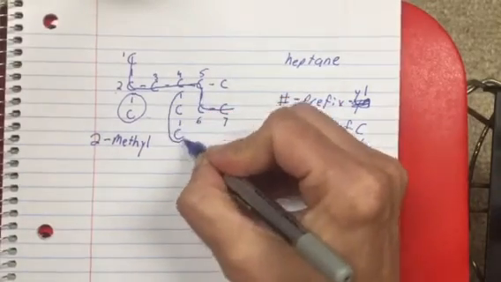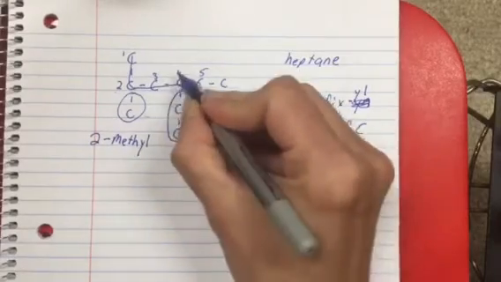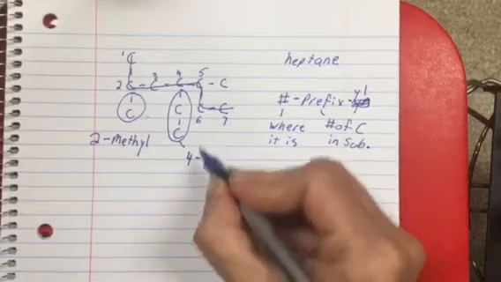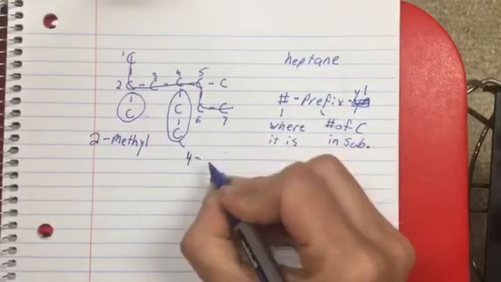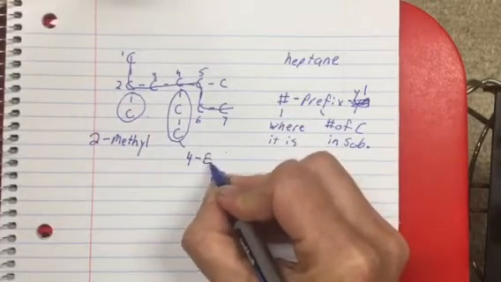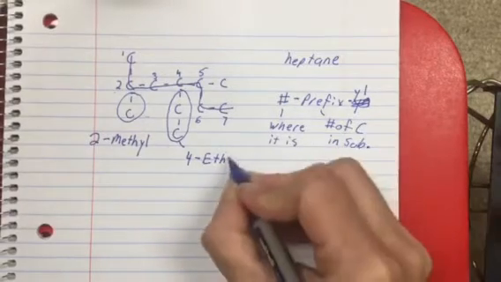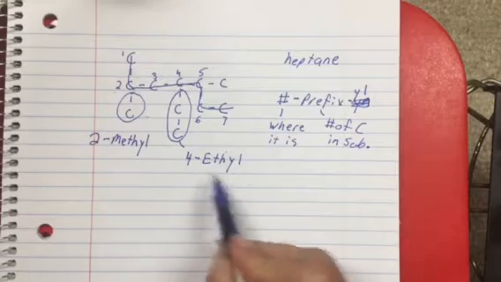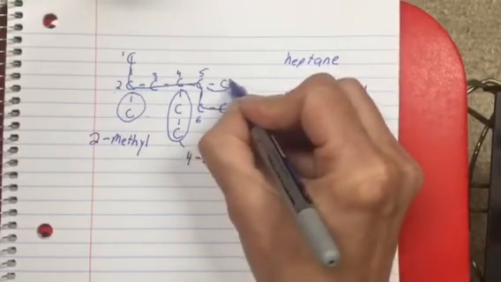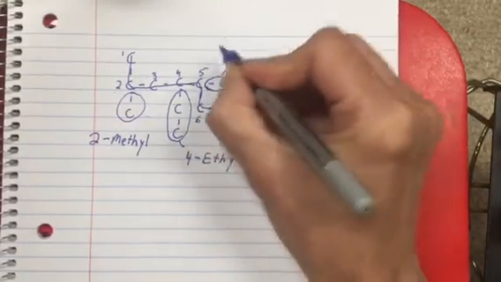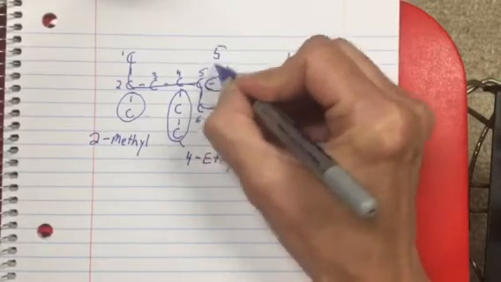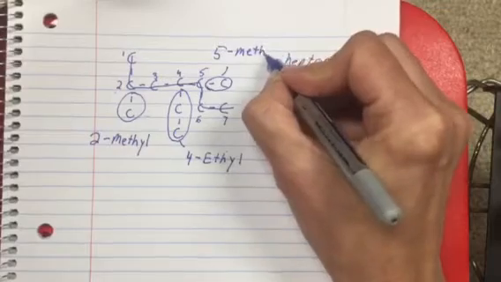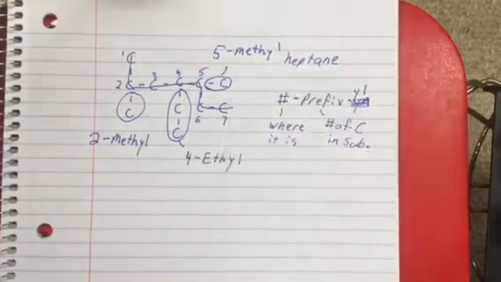And then this substituent right here is on the 4th carbon, so we call it 4 dash, there's 2 carbons here, so that's eth, YL. So this is a 2-methyl group, this is a 4-ethyl group, and then I have this one over here, which is a 5-methyl again, because there's only 1 carbon in that circle.